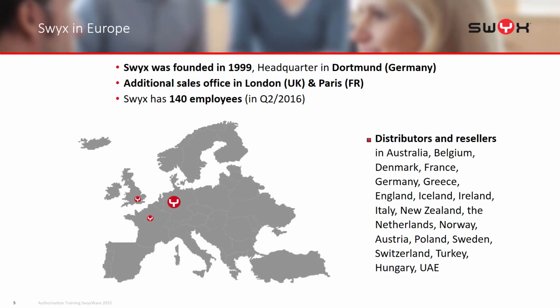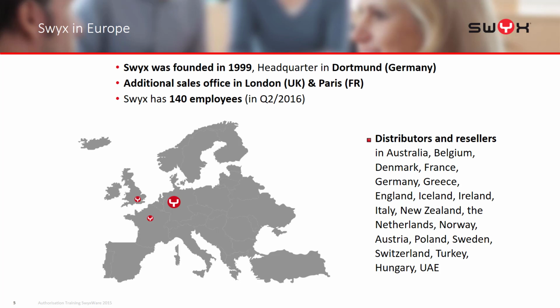We were founded way back in 1999, and our headquarters is based in Dortmund. We have additional offices both in the UK, in London, and in France. And we currently employ 180 users. We expanded fairly significantly when we moved at the beginning of this year, so we're up to 180 users now.